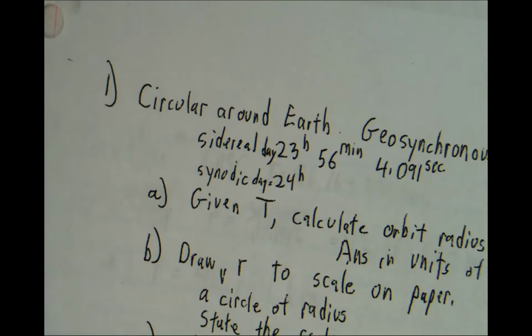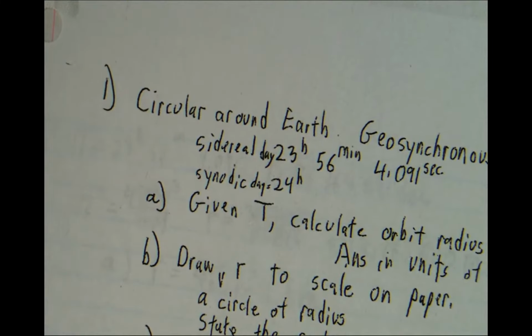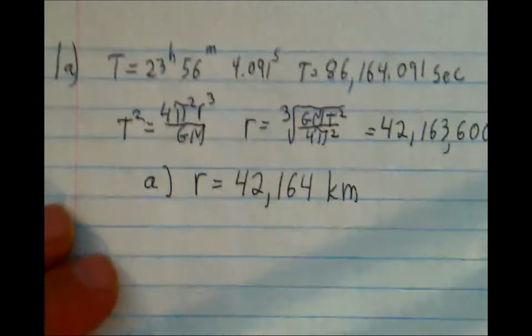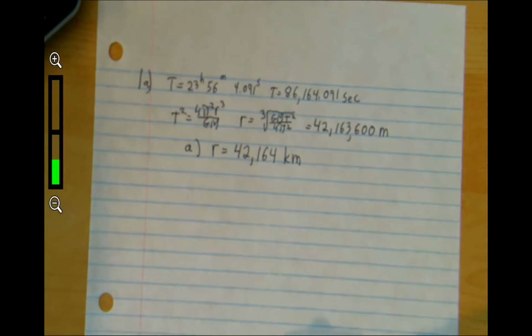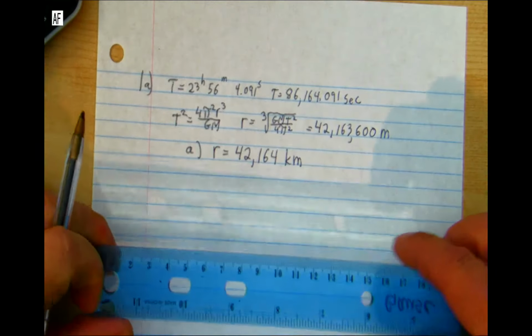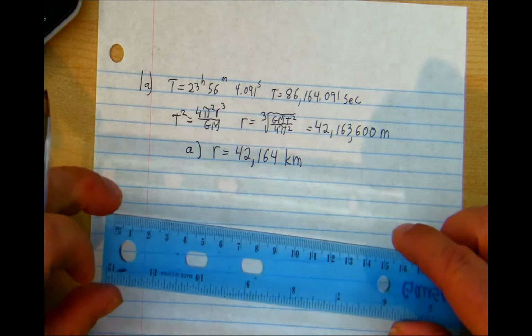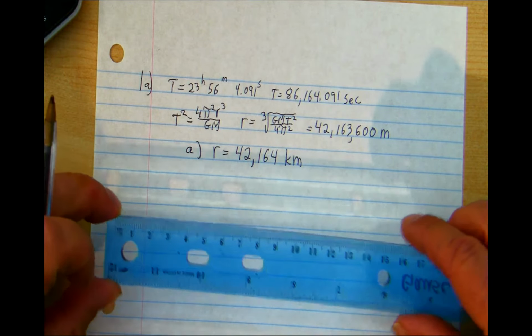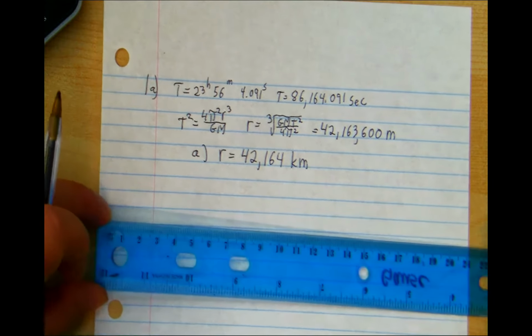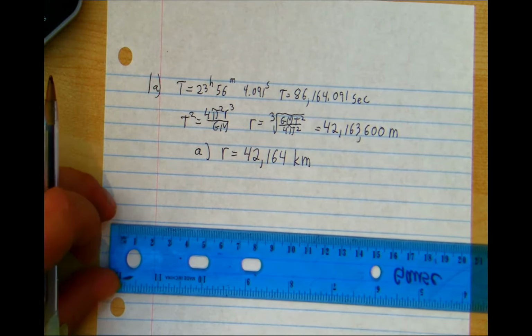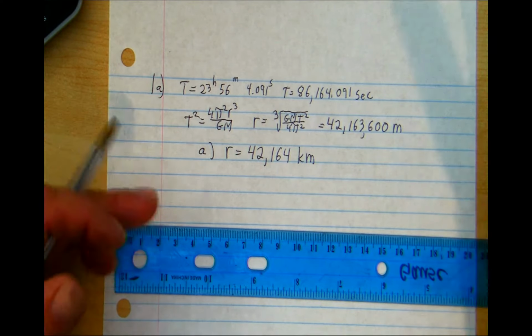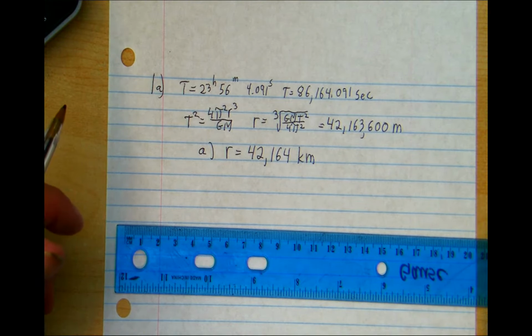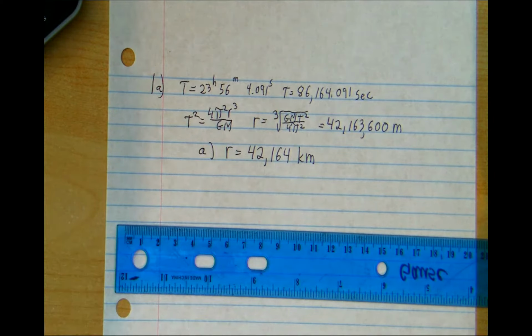draw a circle of radius r to scale on a sheet of paper. Well, a sheet of paper is 8.5 by 11 inches, and I want to use a metric scale for that. So I want a scale that will fit this circle on the paper. I don't really want to go much beyond about 20 centimeters of diameter, so it fits on the narrow side of the sheet of paper.